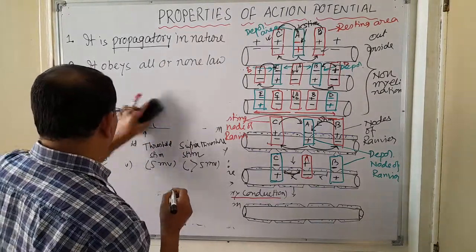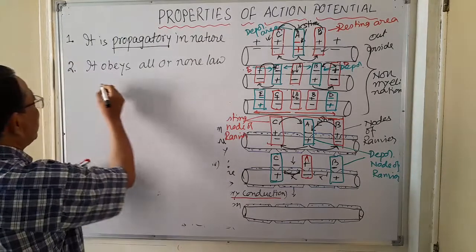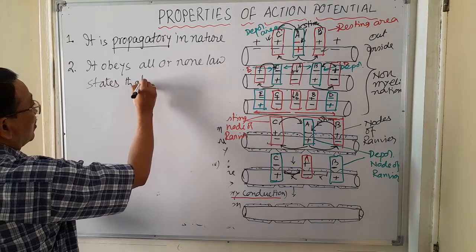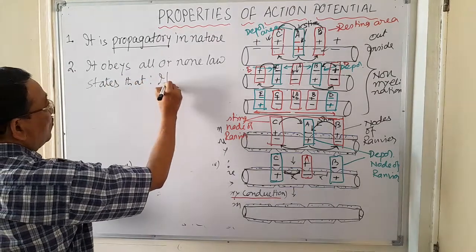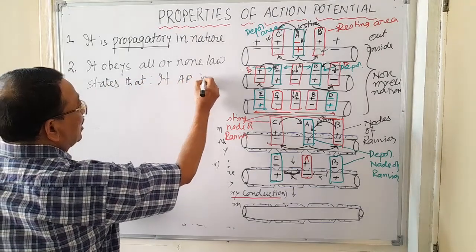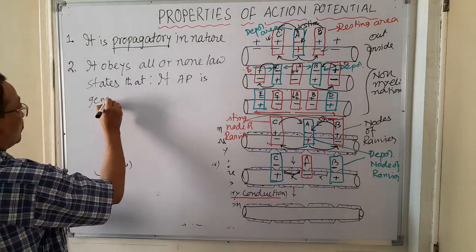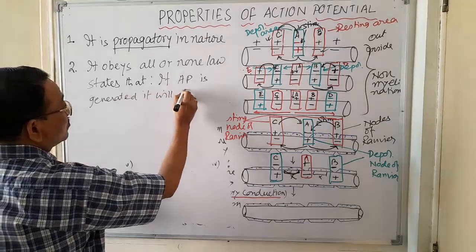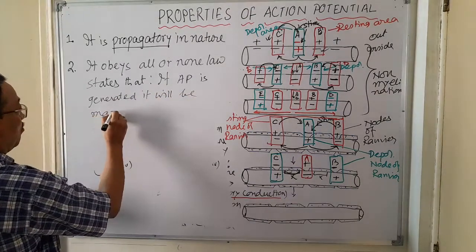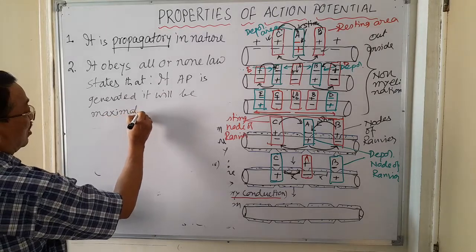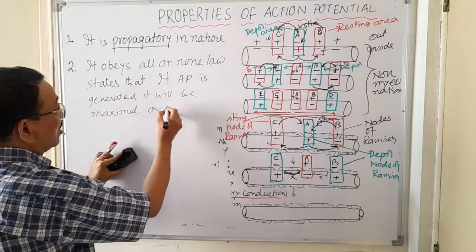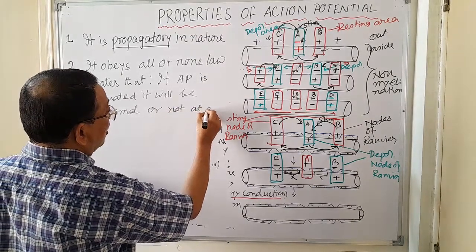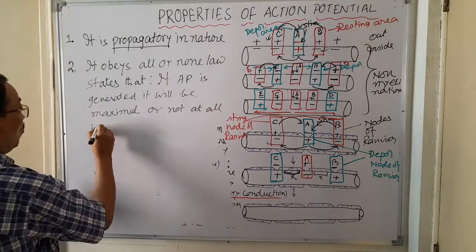So the all or none law states that if action potential is generated, it will be maximal, or it will not be generated at all.